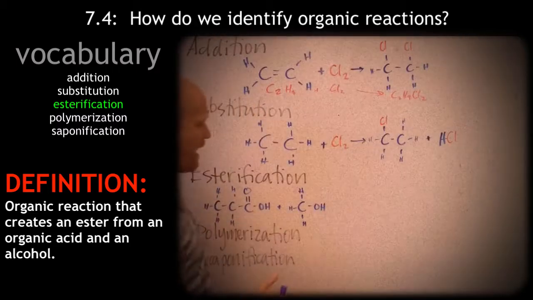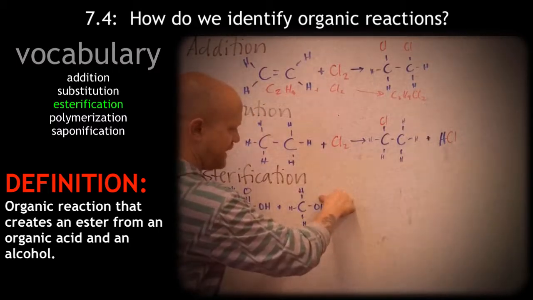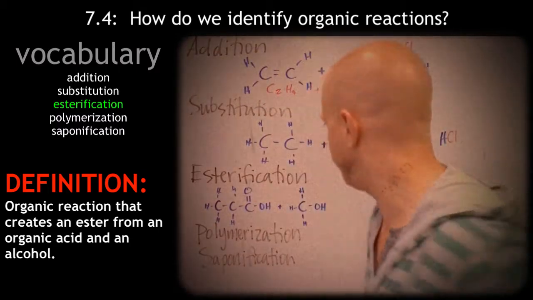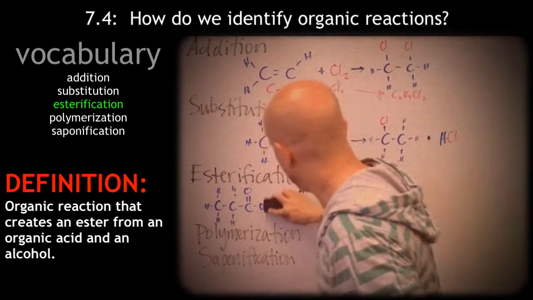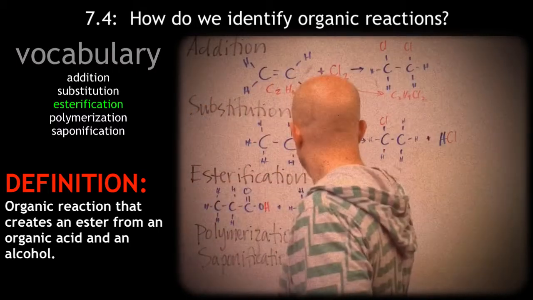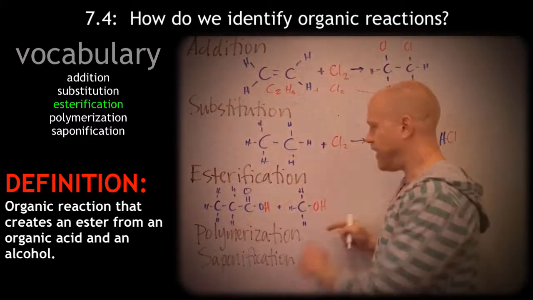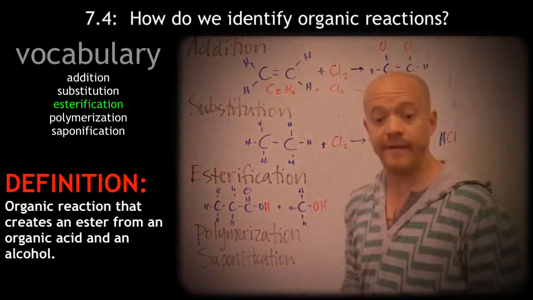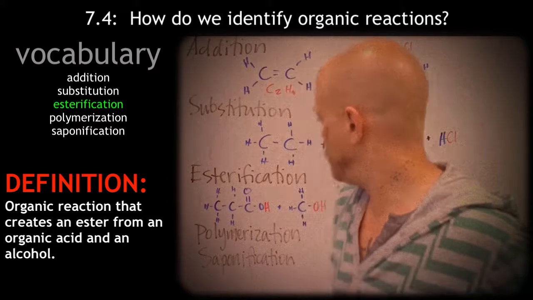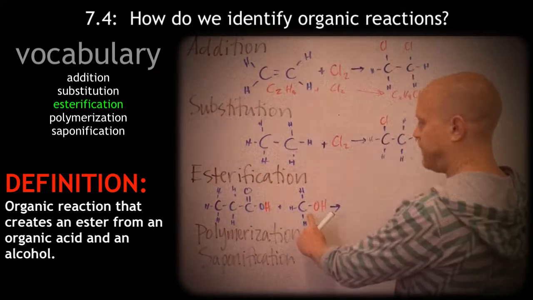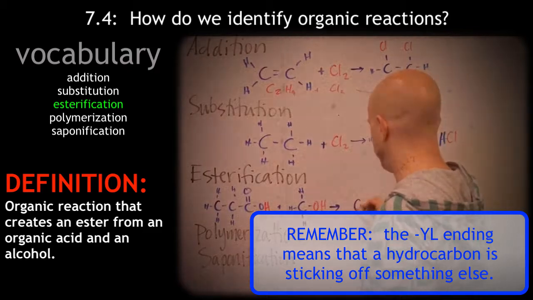So what happens is you're going to take the OH off of here, you're going to take the H off of there. Guess what H and OH make? It makes water. So you're going to pop that off, and you're going to be left with a methyl group.